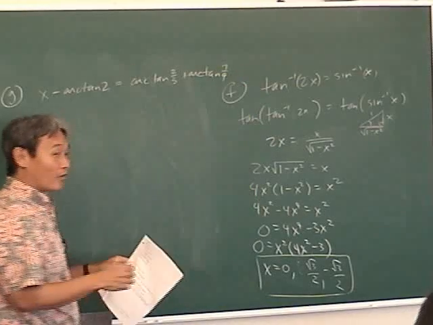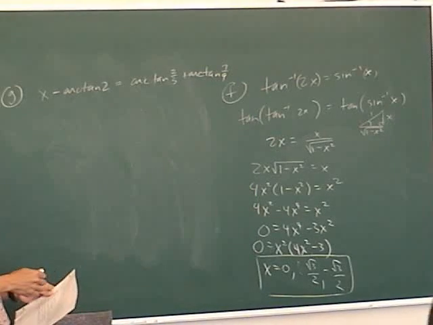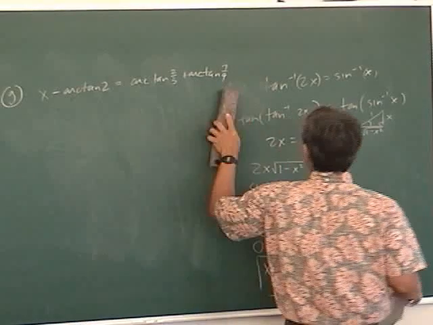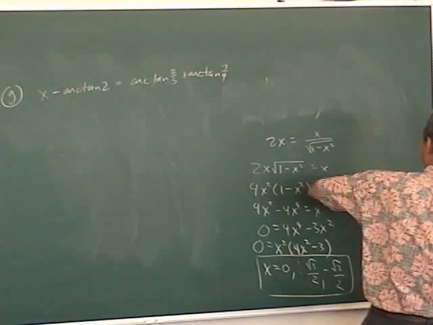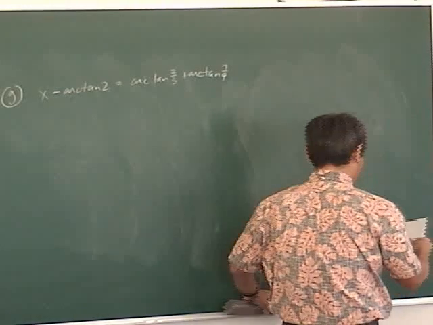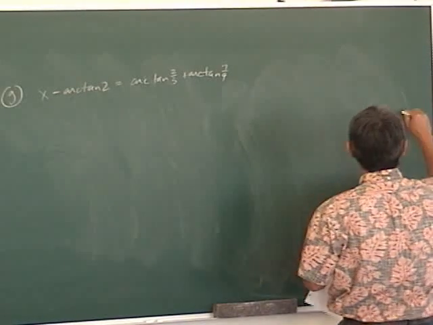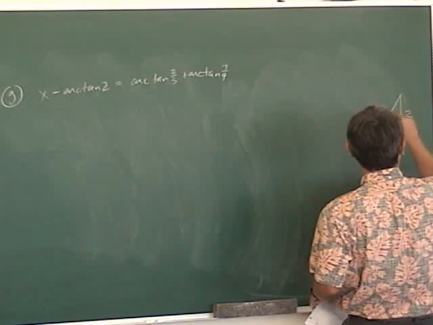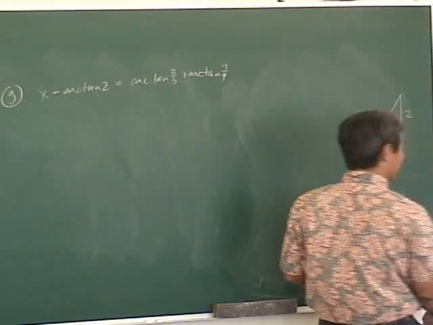Draw the picture before you start and guess at the answer. And then, here, this is special forces training right here. Okay, arc tangent 2. You make opposite over adjacent, 2-to-1 ratio like that. That angle is arc tangent 2.